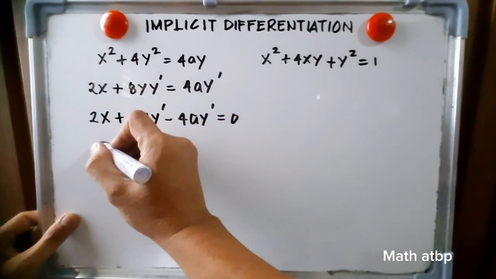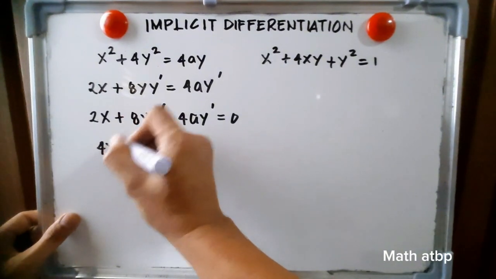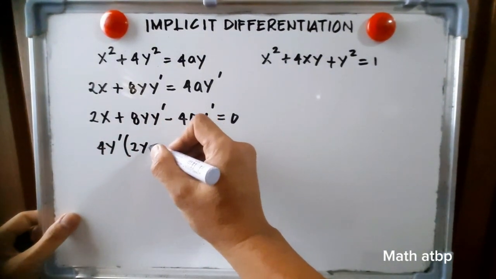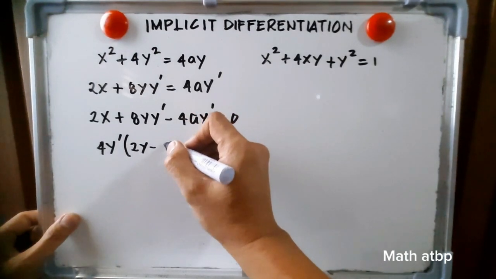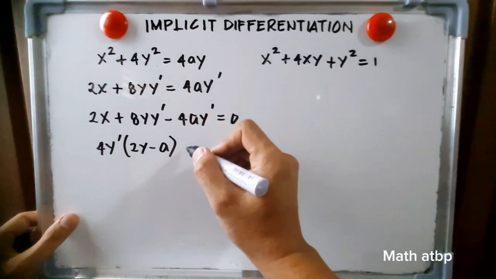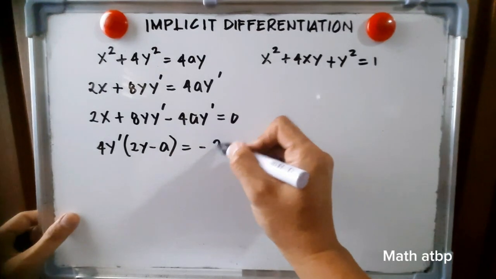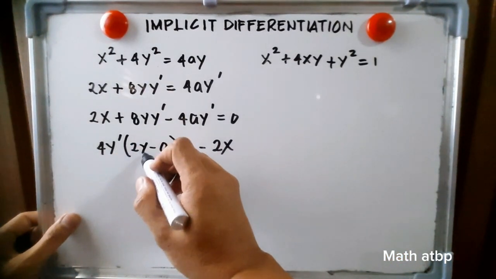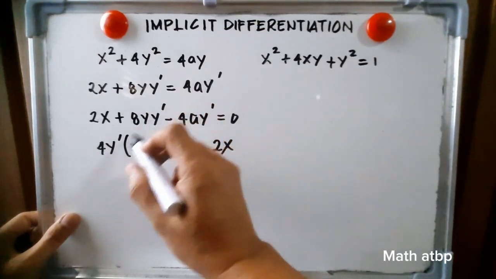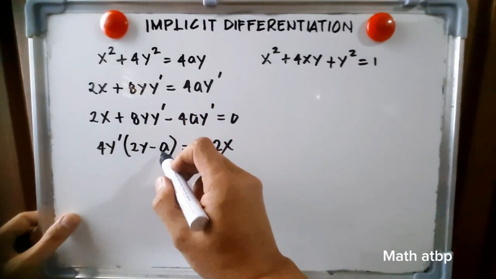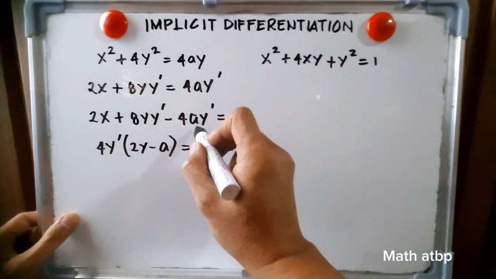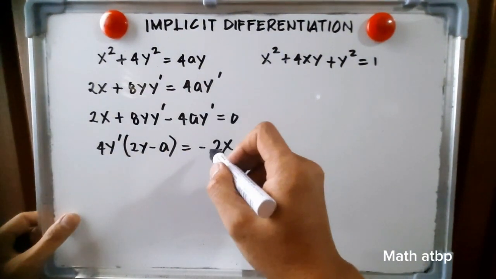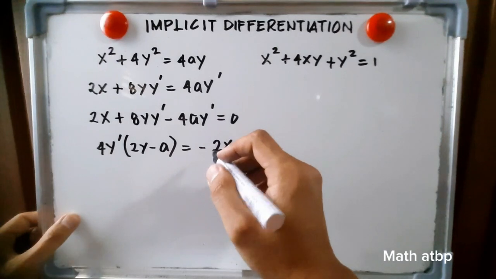Then we have 4y prime times 2y minus a is equal to negative 2x. Can you follow? 4y prime times 2y is 8y y prime. 4y prime times a is 4a y prime. Then 2x transposing to the right, we have negative 2x. Did you get it?